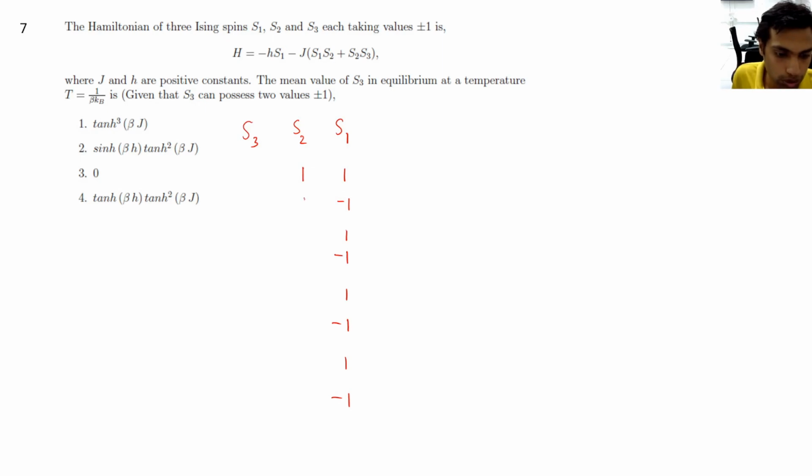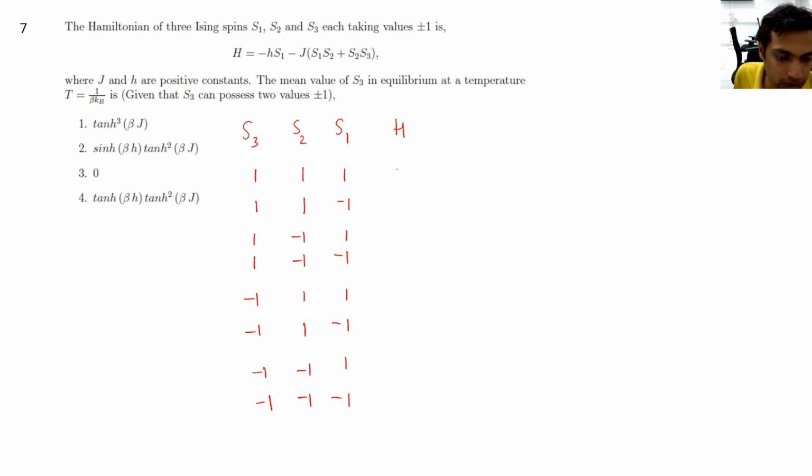Then you have to do 1, 1, minus 1, minus 1, 1, 1, minus 1, minus 1. Then 1, 1, 1, 1, minus 1, minus 1, minus 1, minus 1. Now we have to calculate what is the value of h for all these rows.